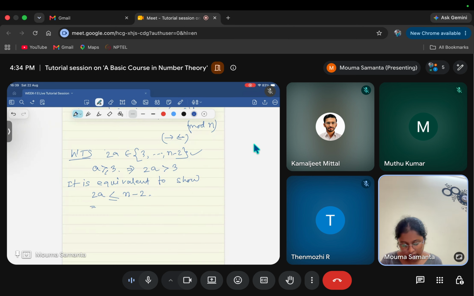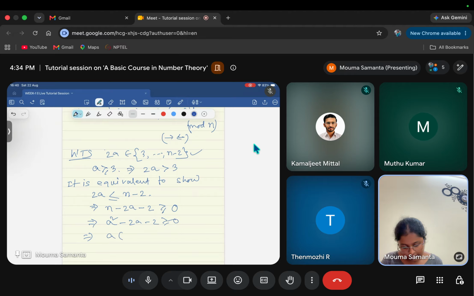Now this condition is equivalent to n minus 2a minus 2 being greater than or equal to 0, say. Now n was a square, so this is an equivalent condition.